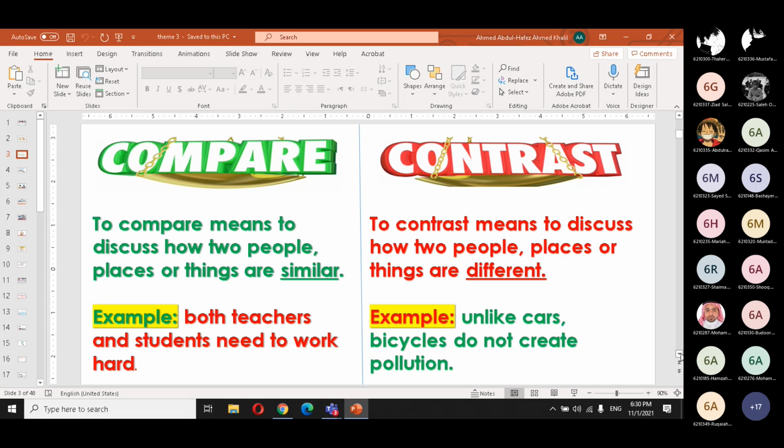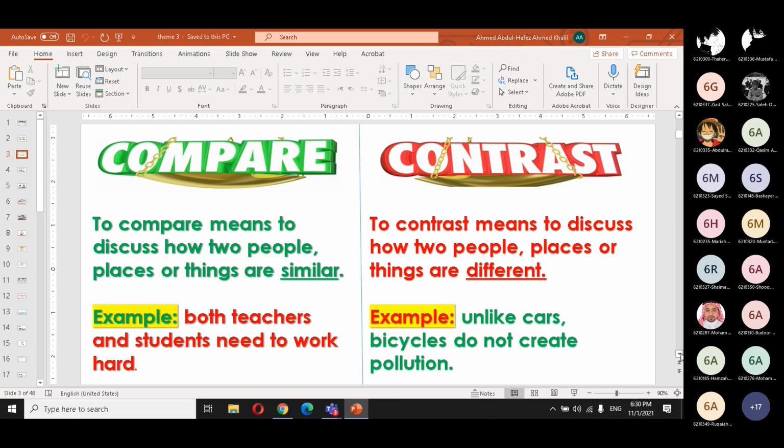If you are comparing, for example, secondary school to university, you were a secondary school student, and now you are a university student. What are the similarities? At school and at the university, you are a student. You need to study hard.